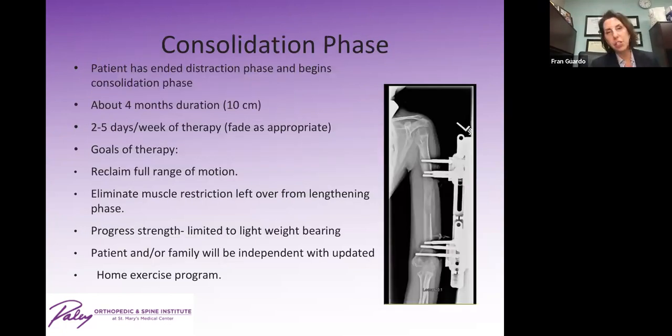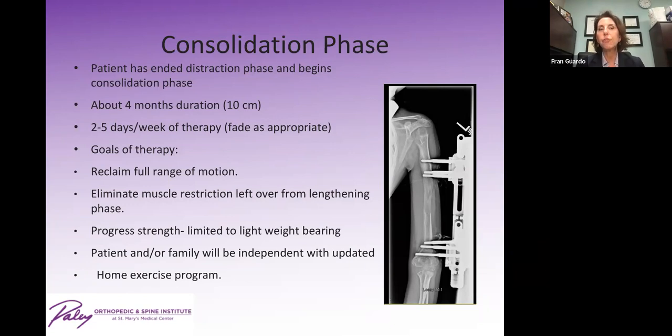After the distraction phase is over, meaning the active lengthening, you go into the consolidation phase. That means you've stopped lengthening and now you're waiting for the bone to fill in so that it's safe to remove the fixator if you had an external fixator, or go back to full activity if you've had an internal fixator.